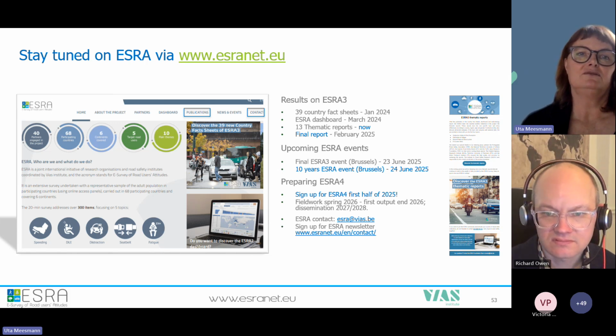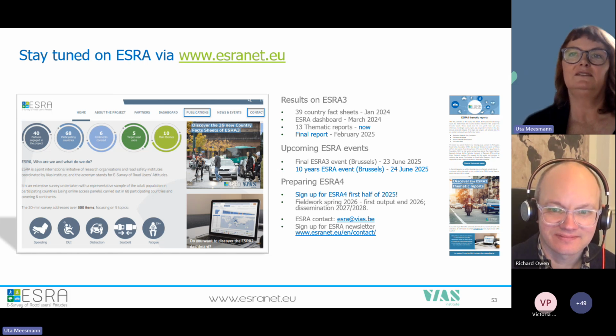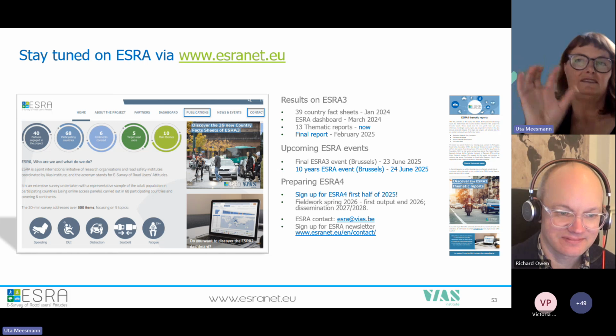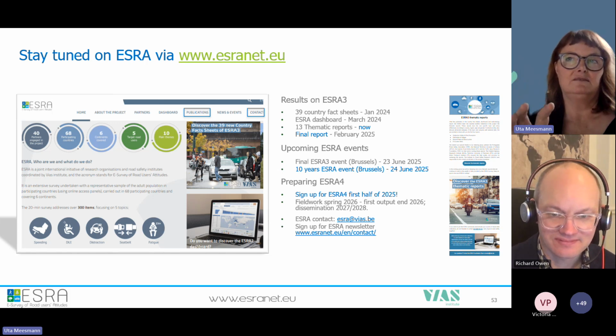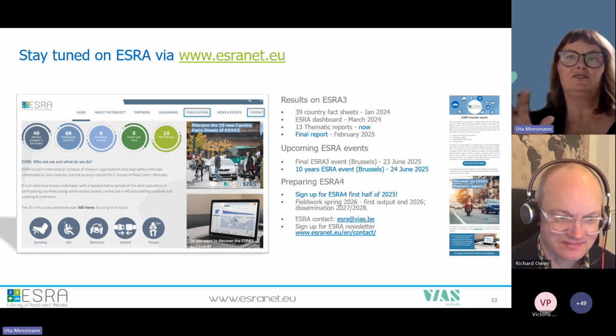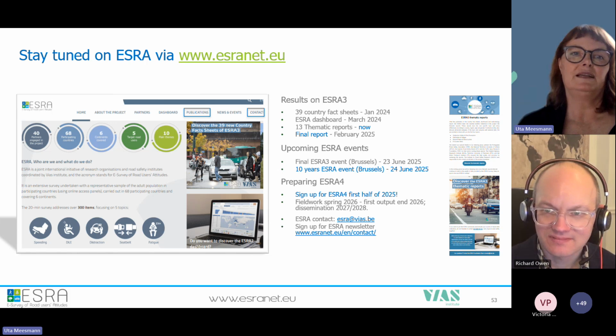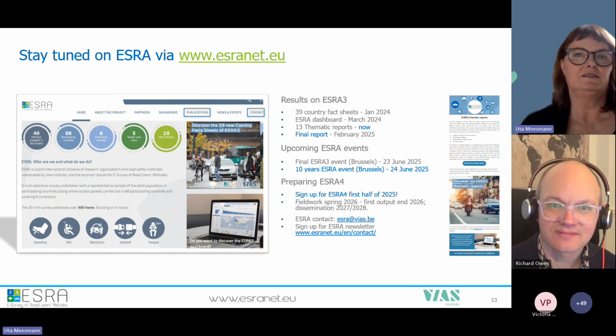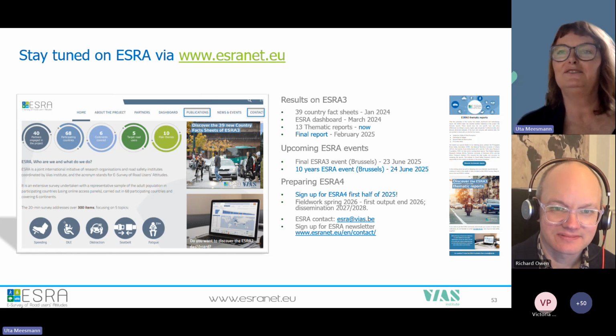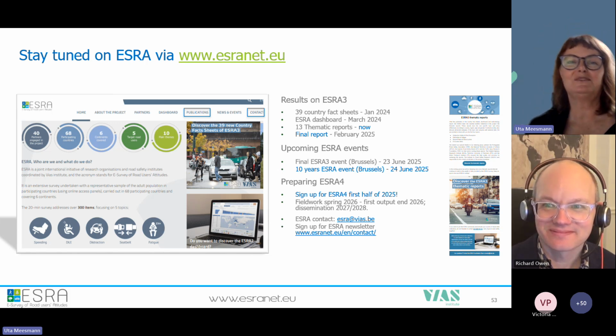The first one is an internal event for ESRA members, but the second one is an open event in Brussels, and we coordinated with ETSC. It's in the same week as the ETSC PIN conference and PIN panel, so that participants are able to visit both events. And Richard asked me to say a few words about the upcoming edition as well.